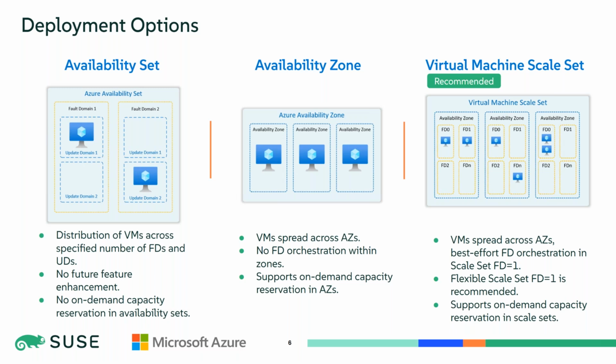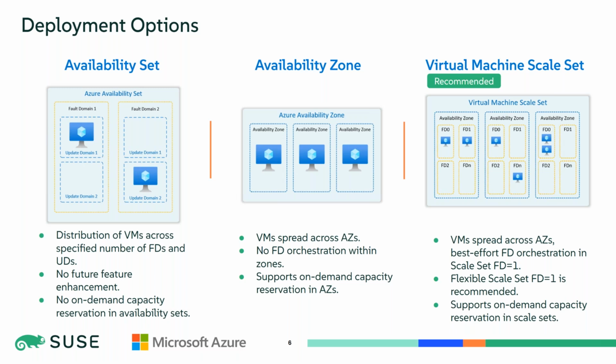Then recently we have introduced a new deployment option called virtual machine scale set. For a customer who is deploying a new SAP system on Azure, we ask them to configure their SAP with virtual machine scale set with FD equal to 1. What virtual machine scale set is, it is used as a deployment framework.